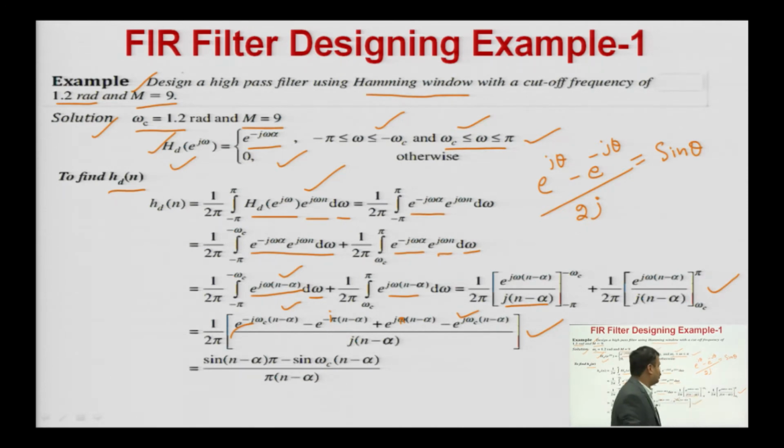So, you can apply this formula and the exponential terms will convert into sine form: sine of (n minus alpha) pi minus sine omega c (n minus alpha), upon pi (n minus alpha). So, this will be your hd[n].